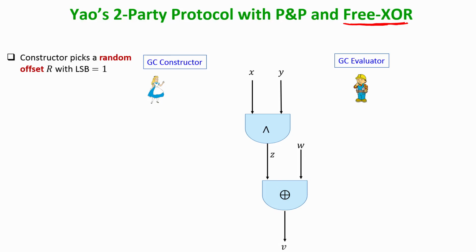Okay. So, the way this free XOR technique can be combined with the point and permute technique is as follows. So, now the constructor will do the following: it will pick a random offset R, which will be known only to the constructor.